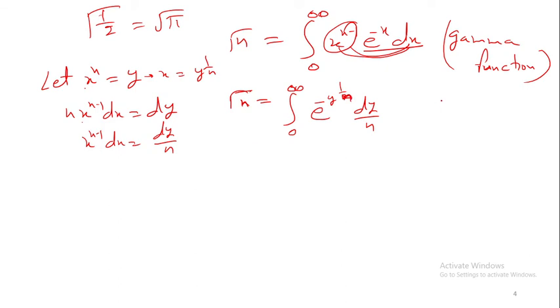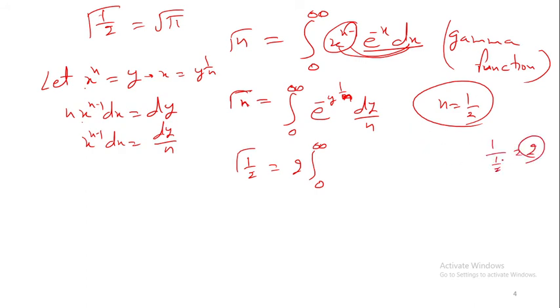Now if n is equal to half, then 1 upon n becomes 2, so we get 2 times the integral from 0 to infinity of e power minus y power 2 dy. Further resolving that, this is an even function, so I can write it as the integral from minus infinity to infinity of e power minus y power 2 dy.